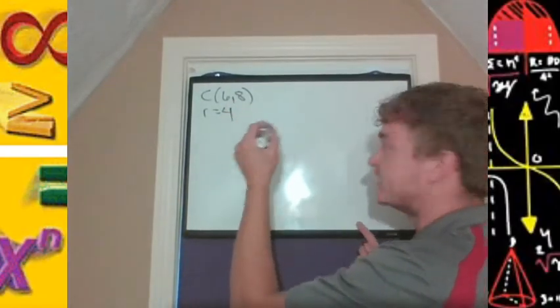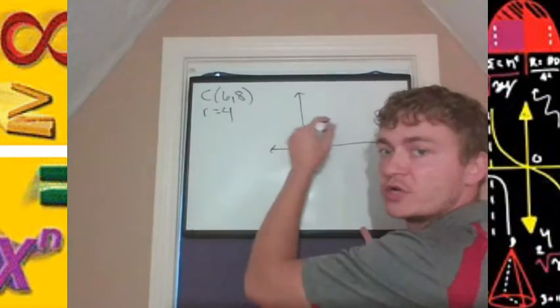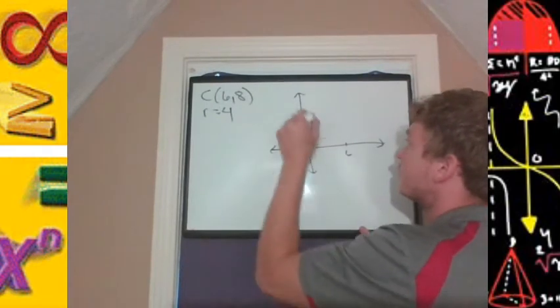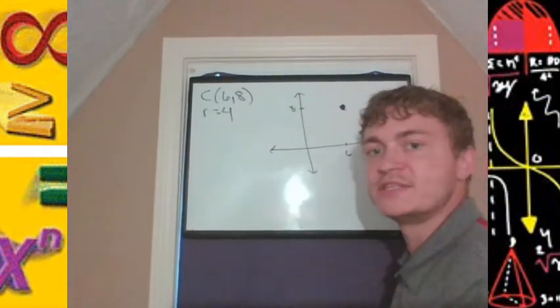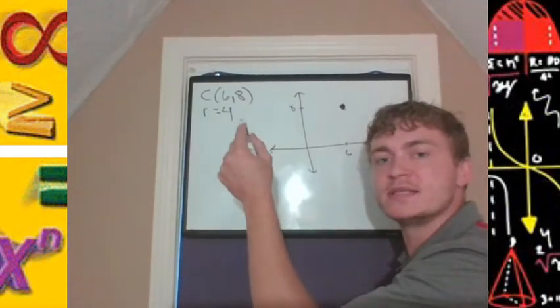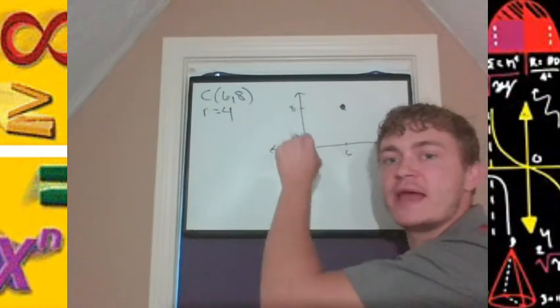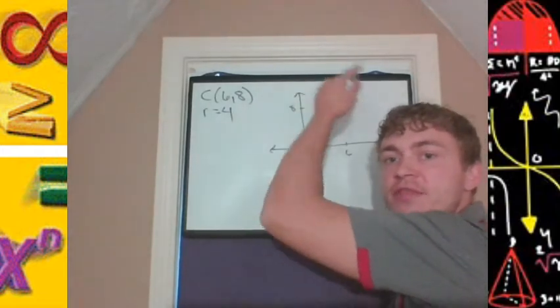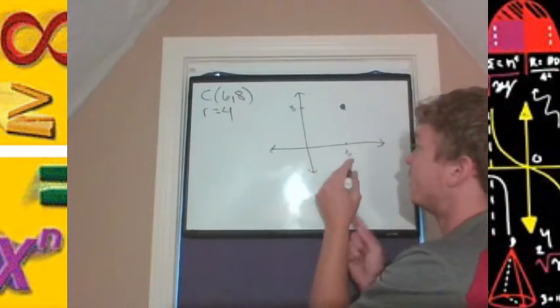So with a center of 6, 8, that's going to be off in quadrant 1. So there we have the center of our circle. Well, we know the radius is the fixed distance between the center of our circle and then every ordered pair that makes up our circle. So what do we need to do here?